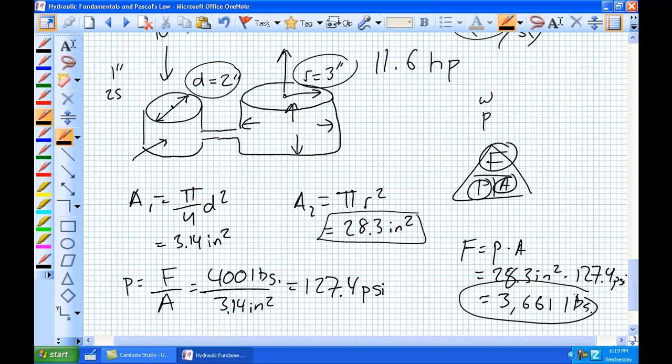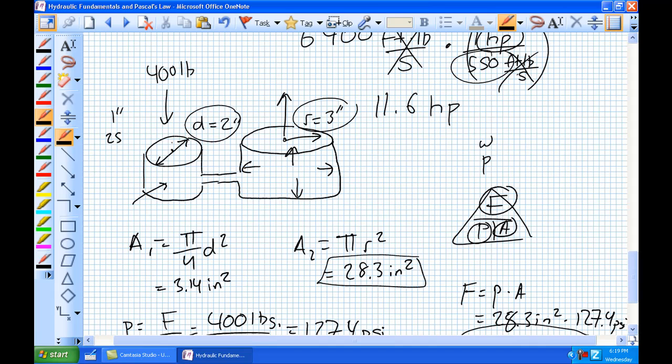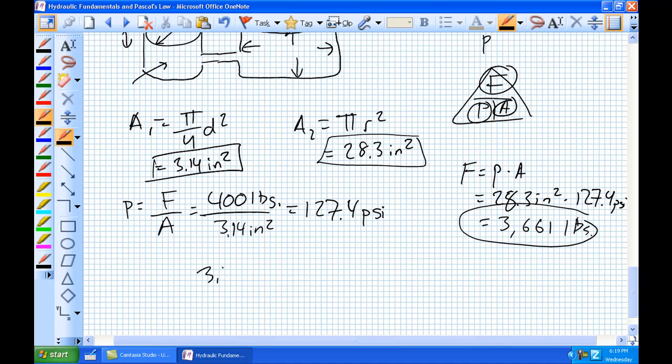So how much volume of fluid have we displaced in that first cylinder? Well, what was our area? It's 3.14 inches squared. Traveling down 1 inch implies 3.14 inches squared times 1 inch. We've displaced 3.14 cubic inches of space.